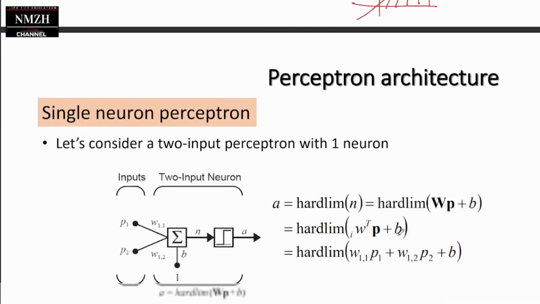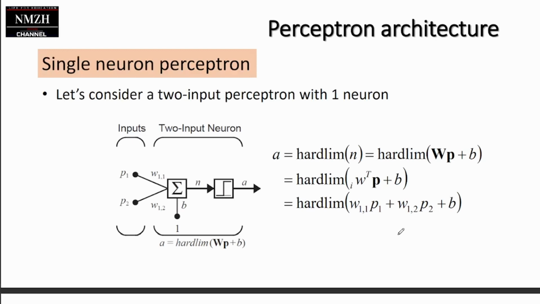Perceptron architecture. This slide shows that we are discussing the single neuron perceptron, whereby the input is given as P1 and P2. So we have two inputs, don't forget about it.